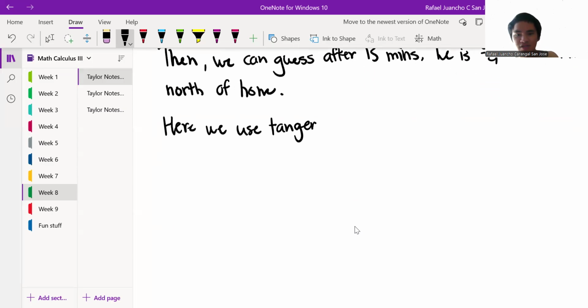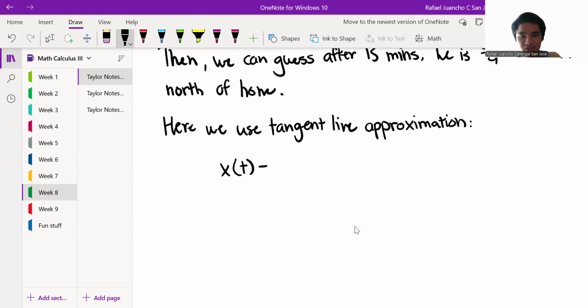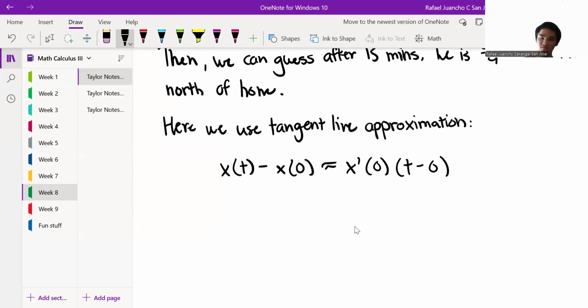So we use tangent line approximation, and we'll do it as follows. So that distance from where the car is from the home minus when the car is at the home is around, so when we take the derivative, when the car is at home, t minus 0, right?